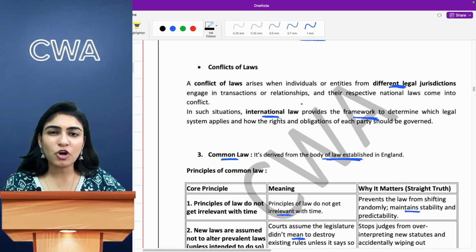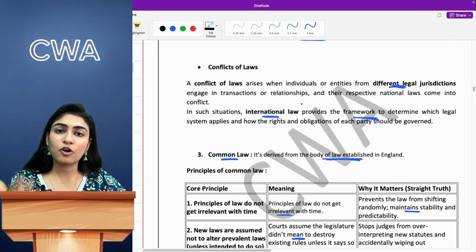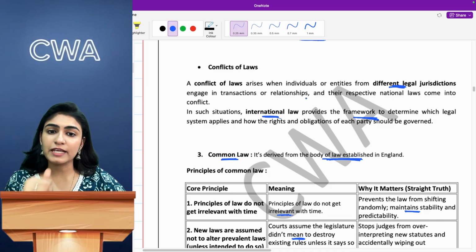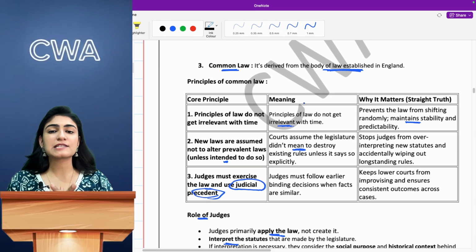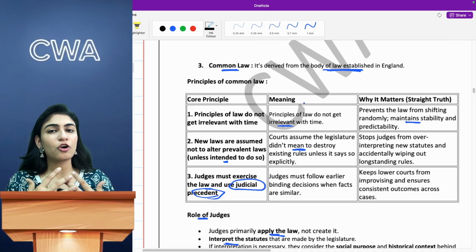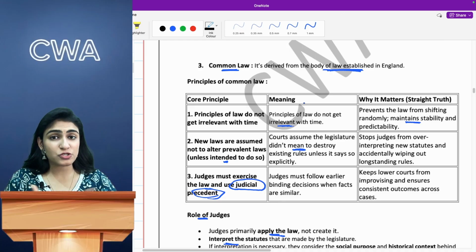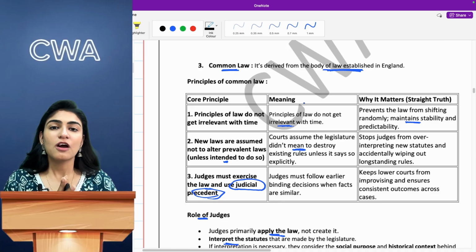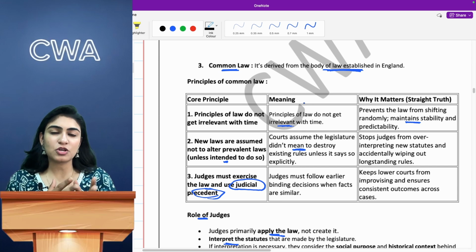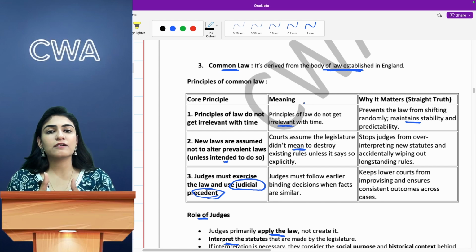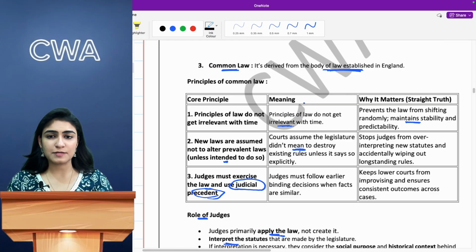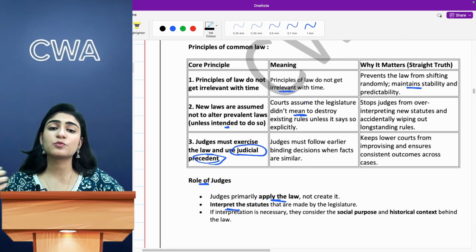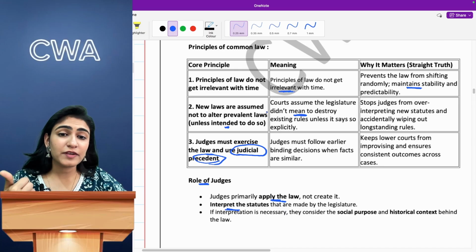Then we discussed conflicts of law. Usually conflicts of law happen, and that is why we are studying international law. Then we discussed common law. It is an old kind of law where law was not explicitly written down, but depended on the situations and the judgments that judges used to pass. A few core principles were that it does not become irrelevant with time.